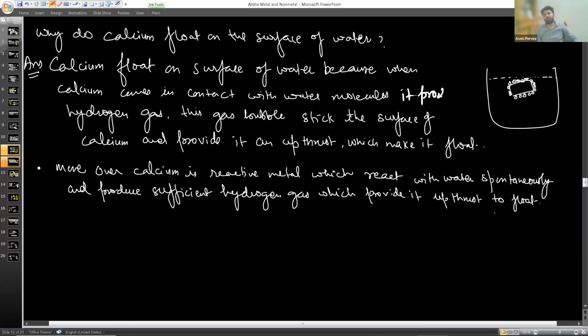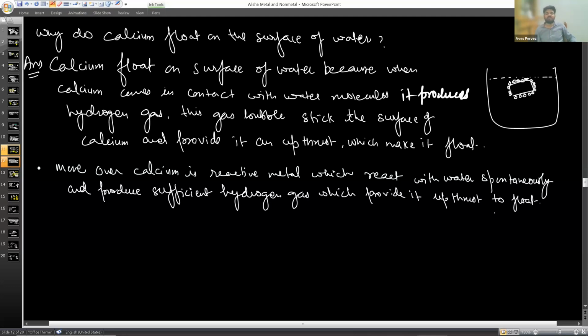These gas bubbles stick to the surface of calcium and provide upthrust, which makes it float. Okay, don't write it, Gianna. First, you have to memorize it.